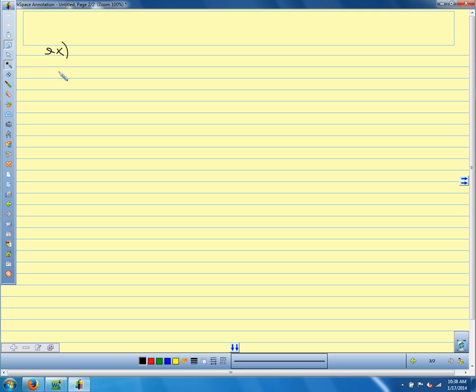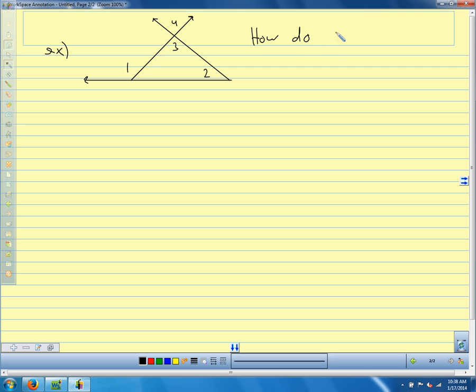So here's our triangle. We've got a little bit going on with this triangle. This is angle 1, this is angle 4, 3, and 2. And we want to know how angle 1 and angle 4 compare.